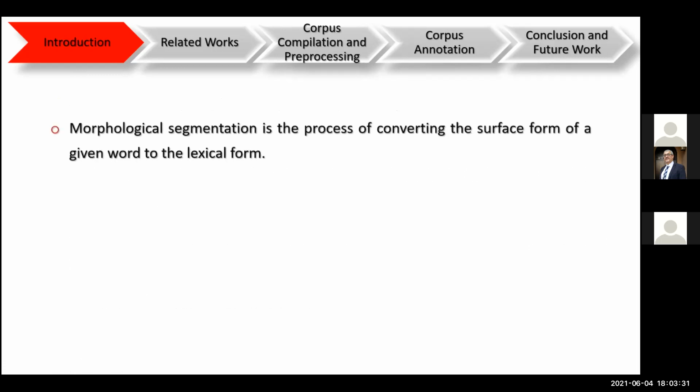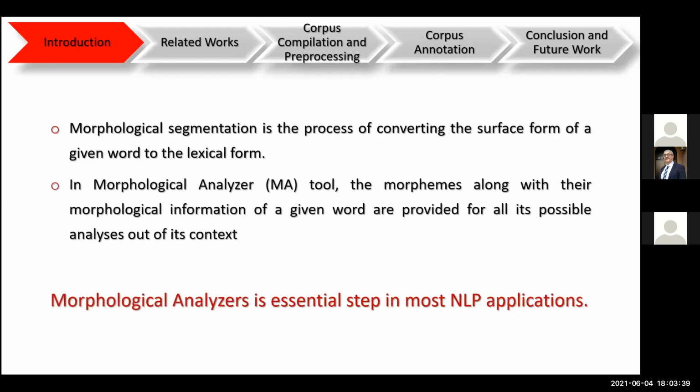So when we start to discuss this work, we start by building a morphological analyzer, since it is an essential step in most NLP applications, such as machine translation, information retrieval, text summarization, text categorization, and so forth.